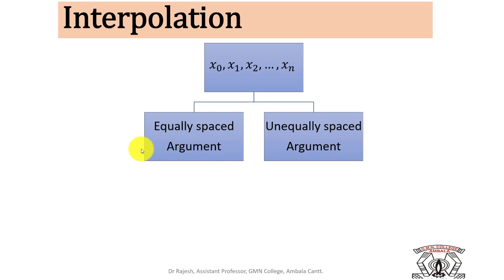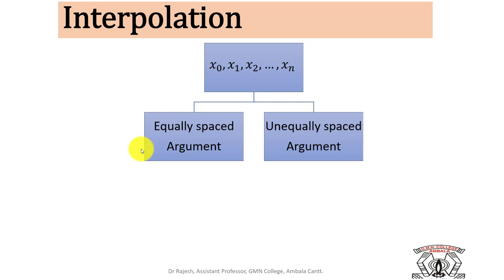Once again, interpolation can be based upon the type of the argument, equally spaced or unequally spaced. It means it is based upon the types of the argument, whether the arguments are equally spaced or unequally spaced.